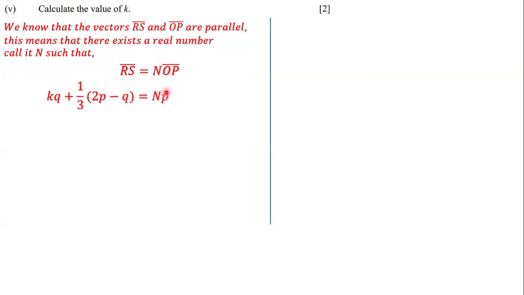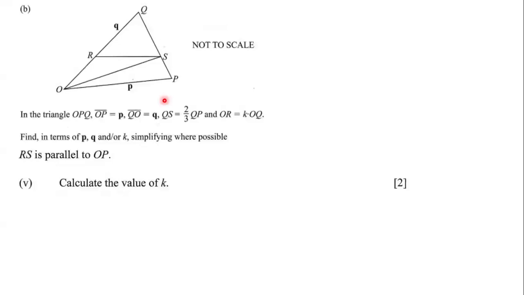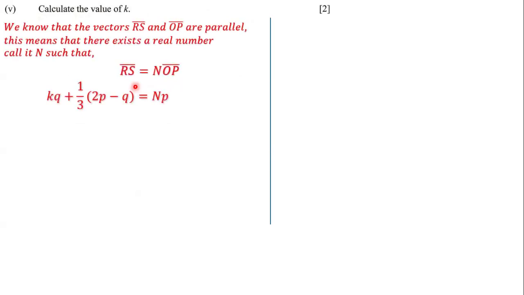OP is simply equal to P. We know that because if we go back to our diagram, OP is just equal to P. And so RS is equal to KQ plus a third 2P minus Q, and that's going to be equal to n times P, because OP is P.